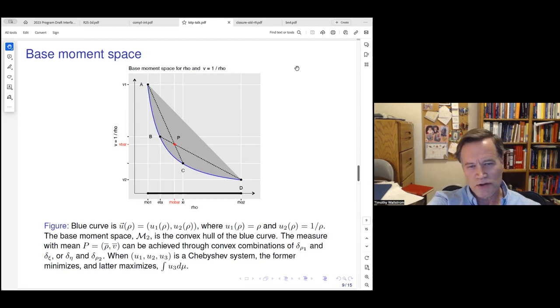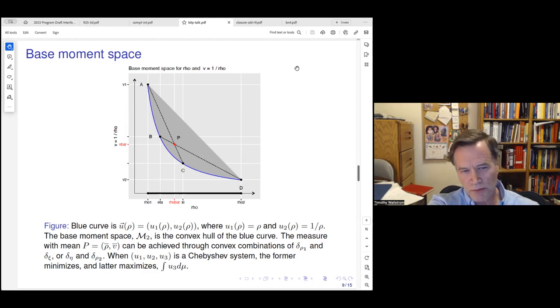So this point P has to be in this shaded region. If you know what your moments are and you have a point P there, you can achieve that with a wide variety of measures, basically an infinite number of different measures. But there are a couple that are special.